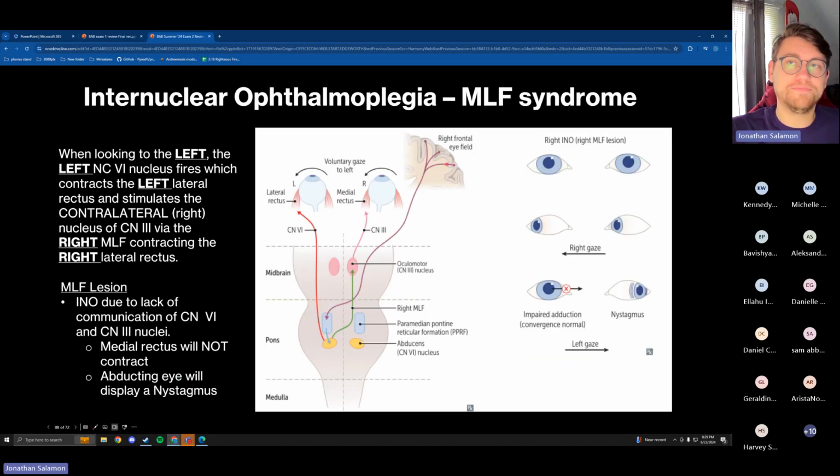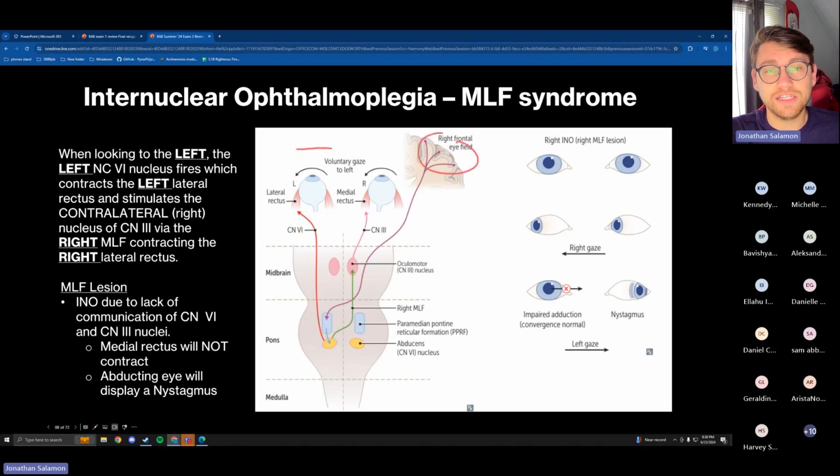While we're on this page, if you have a seizure, that is increased activity. This is the whole right way, wrong way lesion thing, which I don't really like the fact they refer to it as that, but it is what it is. If you have a seizure in your right frontal eye field, it is going to project signals down to your left PPRF, which is then going to tell your left abducens nucleus that the left eye needs to look left.